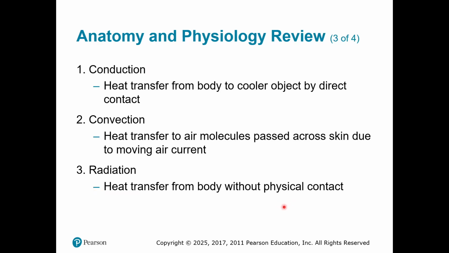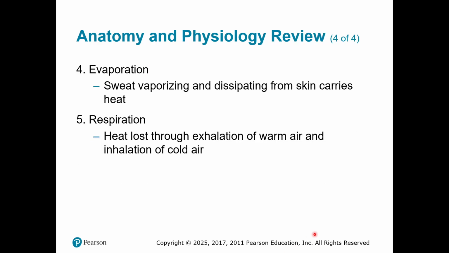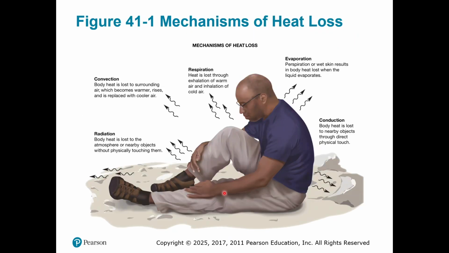Radiation, this is heat transfer from the body without physical contact. Evaporation, sweat vaporizing and dissipating from the skin carries heat. And then respiration, heat loss through exhalation of warm air and inhalation of cold air. And so here is an image of the mechanism of heat loss that explains those 5 conditions.